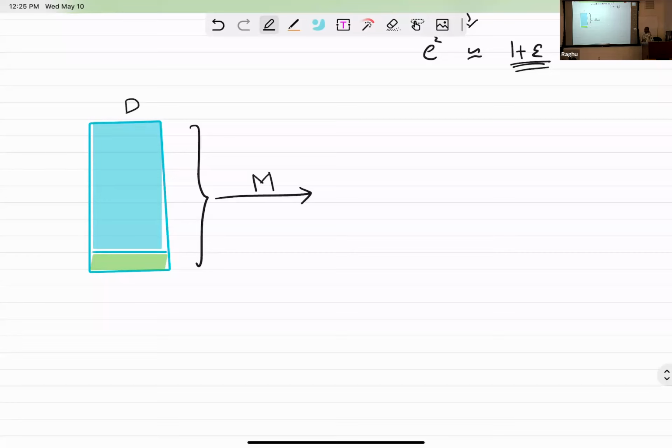The mechanism is not deterministic. It can add randomness. It's not always going to give you the exact average; it will give you some perturbed average. To preserve privacy, you need to introduce randomness.